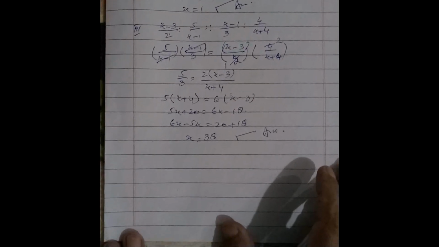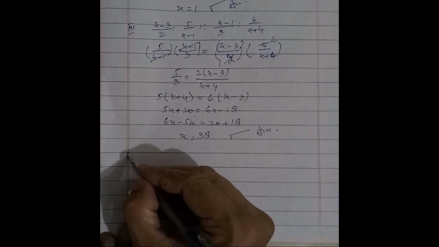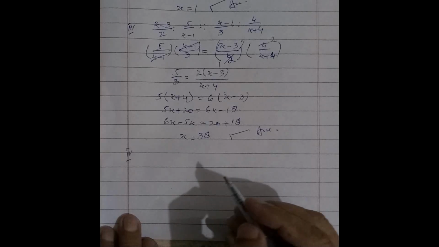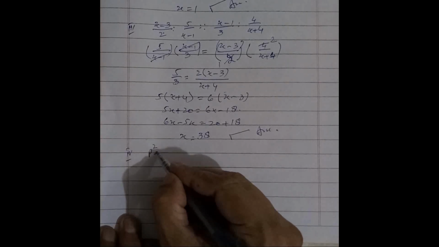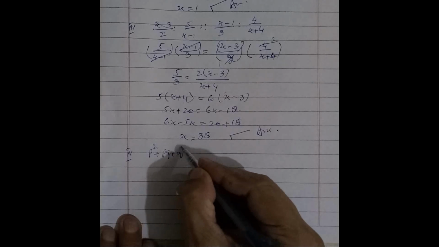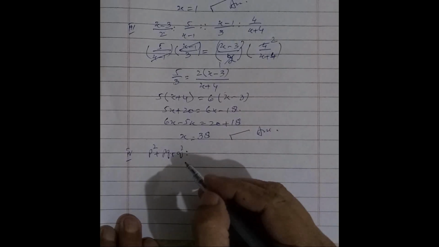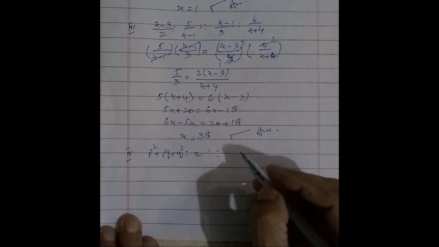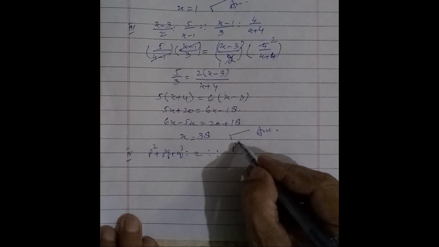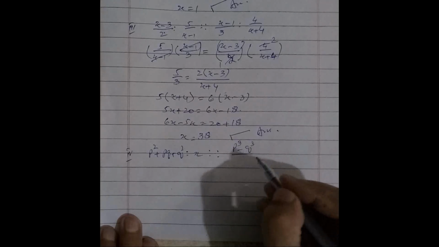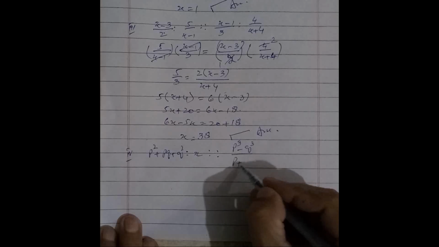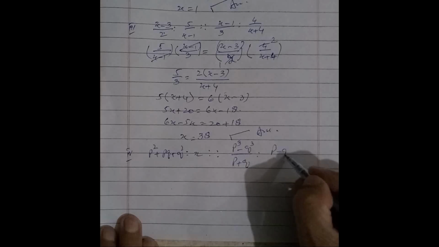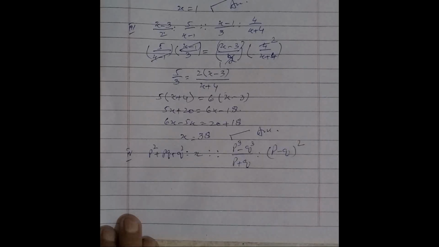And the next is part 4. We have p square plus pq plus q square ratio x proportion (p cube minus q cube) over (p plus q) ratio (p minus q) whole square.